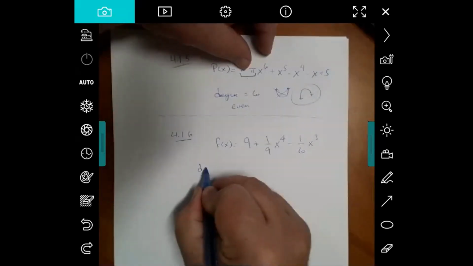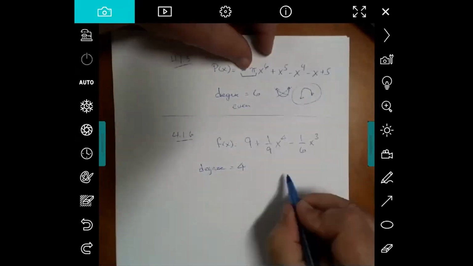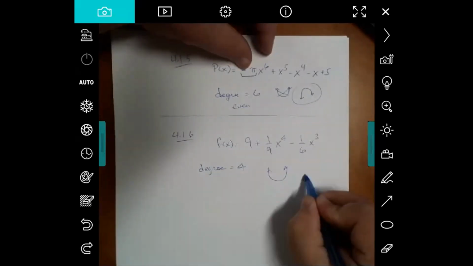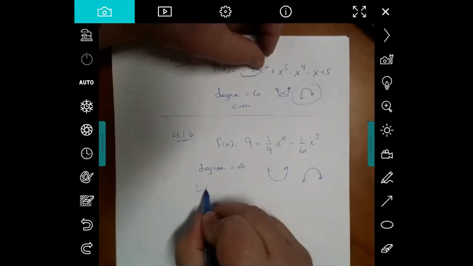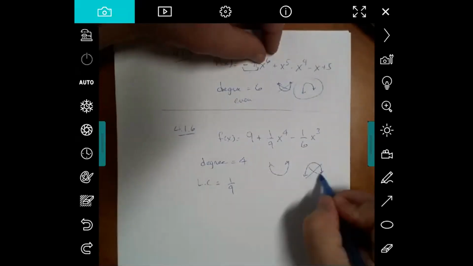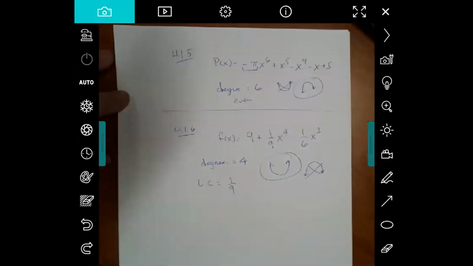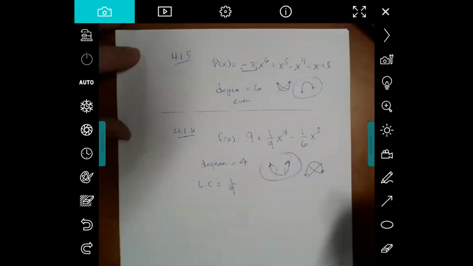What's the degree? 4. It's 4, right? So it means it's either going to go up or it's down. What's the leading coefficient? 1/9. It's positive, so they both go up. We know the graph will have this end behavior. Whatever happens in the middle, we don't know yet.